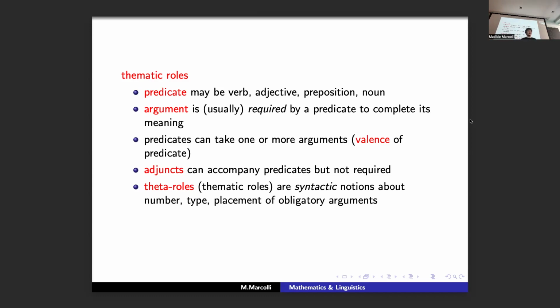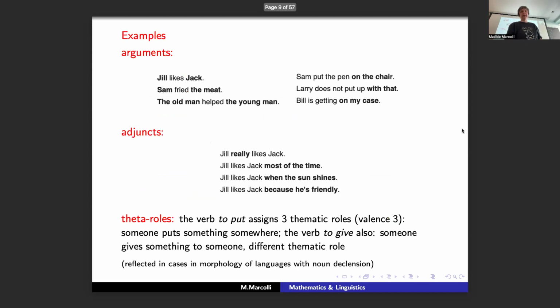And then there are adjuncts that are things that accompany the predicates but are not necessarily required to be there. So these various thematic roles specify in particular the number, type and placement of these obligatory matchings.